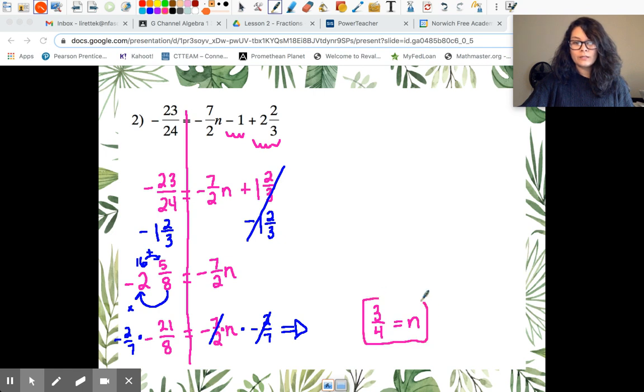Here's my final answer. So it just takes a little bit of time to kind of get good with converting fractions from mixed to improper, as well as utilizing your calculator to assist you. That can take a little practice too.